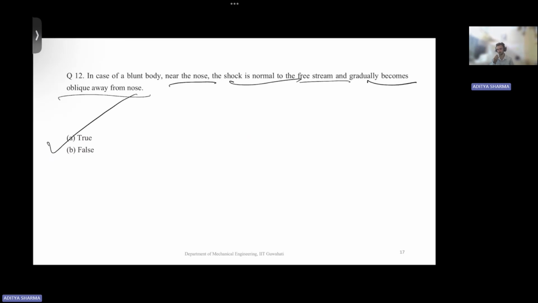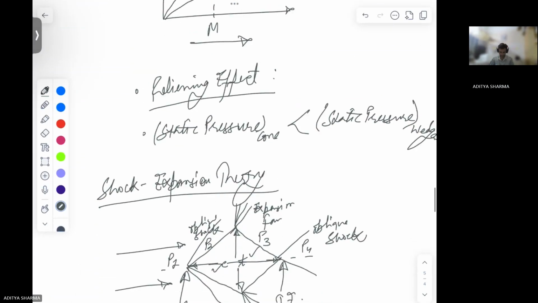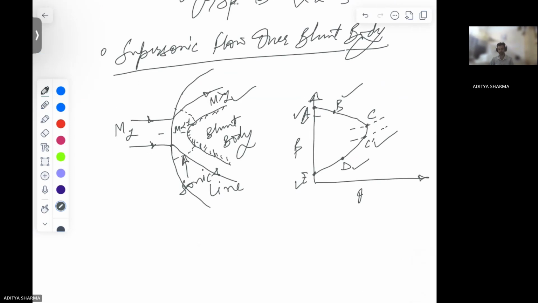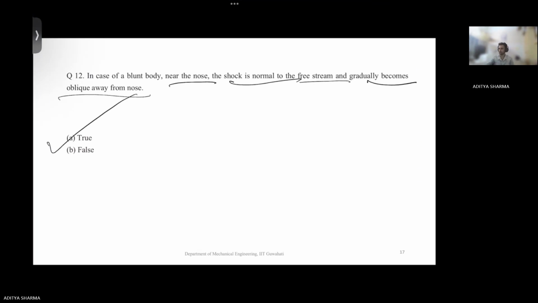We have seen in this diagram how the shock first at A moves to B, then to point C, then D, then eventually E.